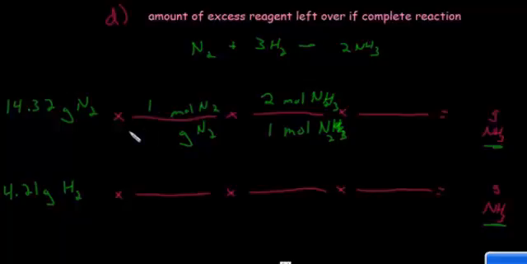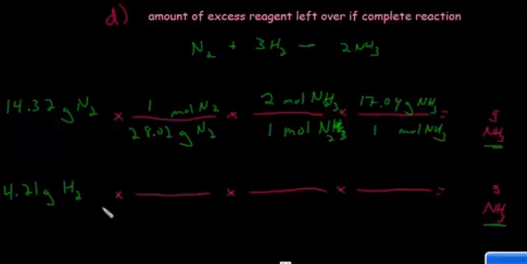It's 14.01 times 2, it's 28.02. And we can also get out of moles of NH3 and into grams of NH3. 1 mole of NH3 has a mass of 17.04 grams.